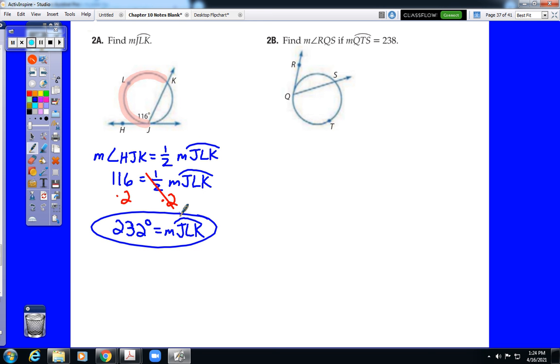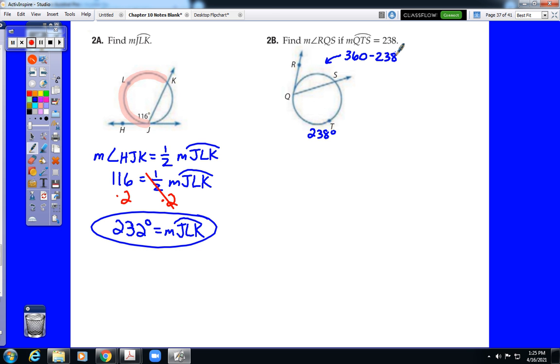On 2B, we're asked to find the measure of angle RQS, and they've given us the major arc measure is 238 degrees, QTS. So if QTS is 238 degrees, what is the measure of arc QS, the minor arc? How do we get it? Yeah, whatever this arc measure is, would be 360 minus 238.